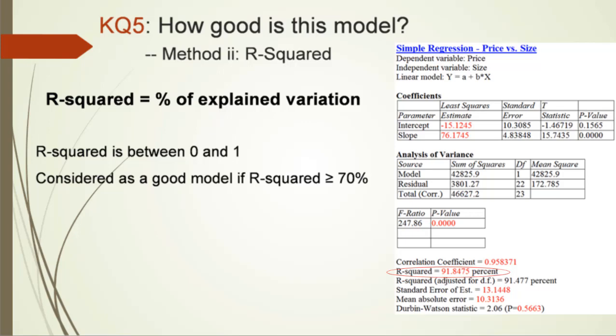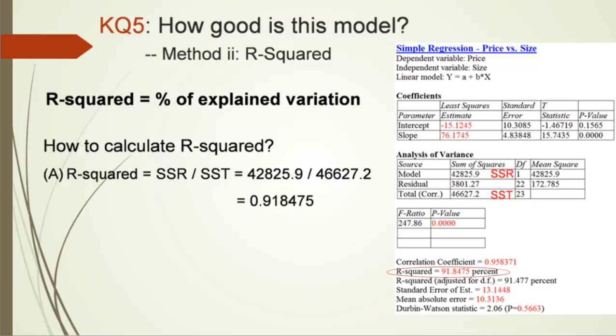A model is considered to be good if R-squared is at least 70%, but this number of 70% can vary across different fields. From the regression output, we can see that R-squared for our model is almost 92%. Way larger than 70%. Thus, our model is useful.